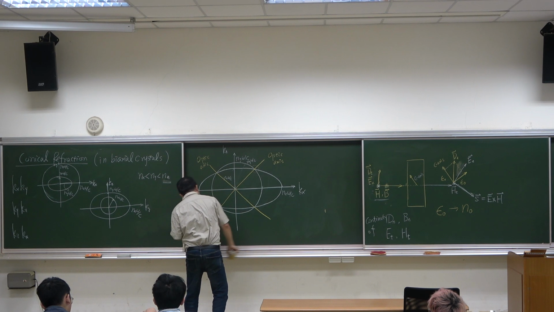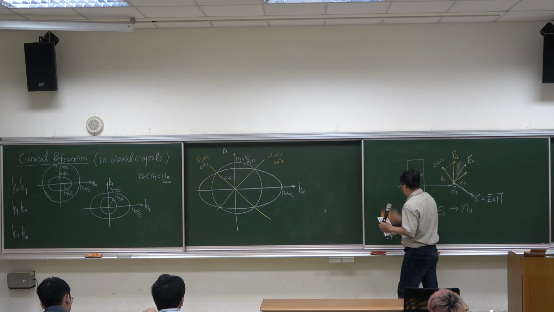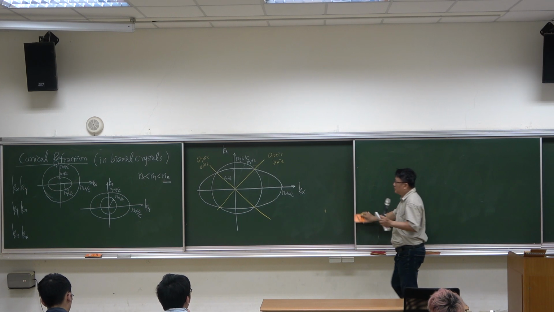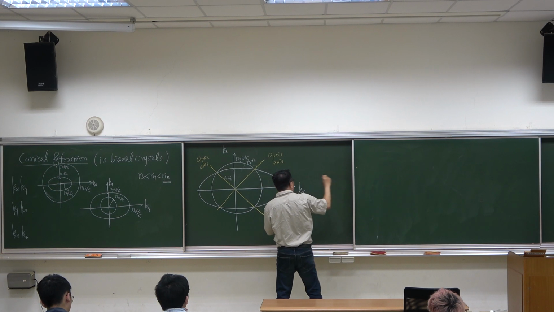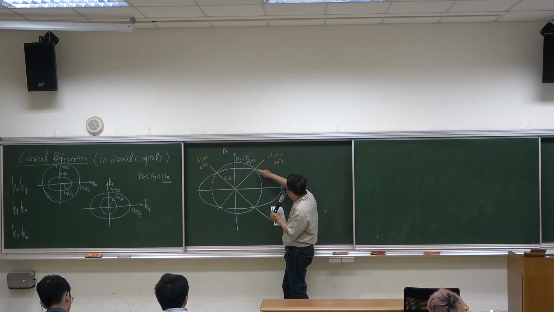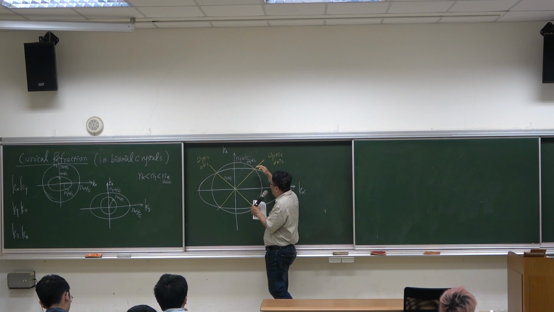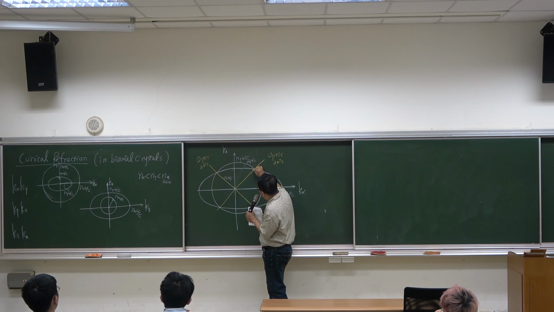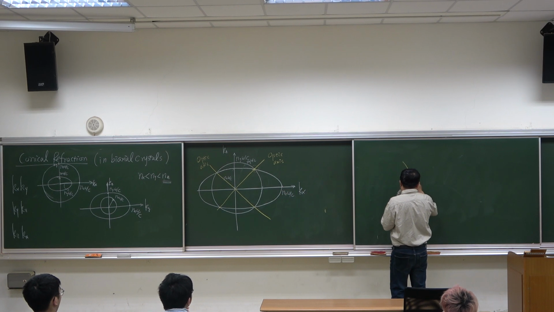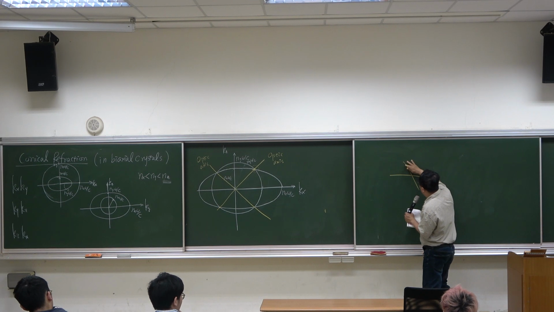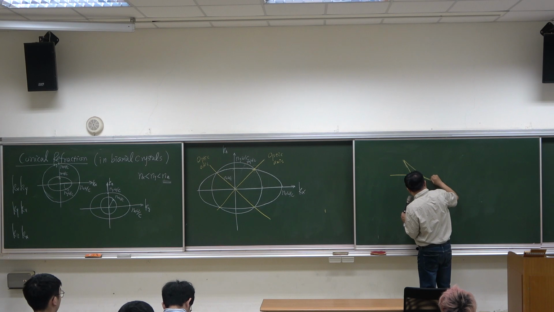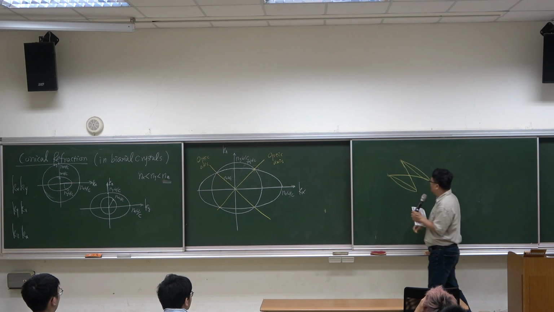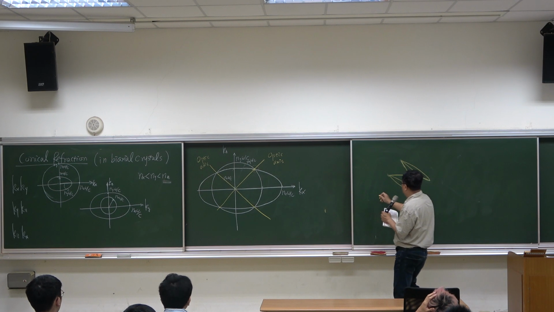Because when we move to the locations very close to this specific point, the shape of the normal surface becomes a cone. This is a cone.